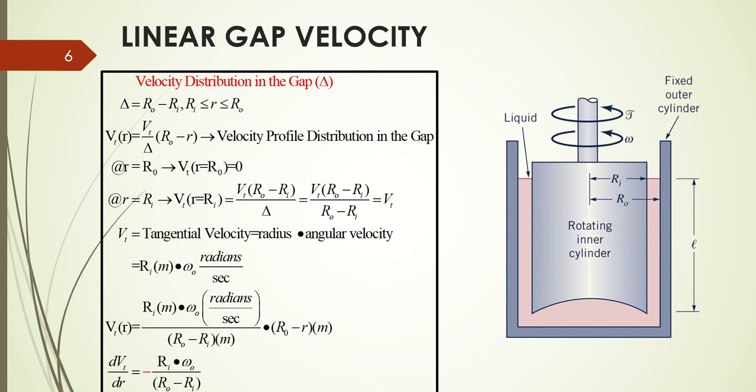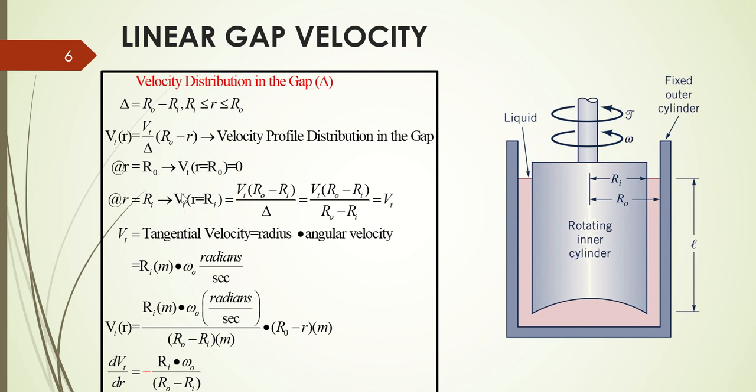So how do we get that? Well, if we look at this picture here, we know that at R equal to R0, the value of my velocity is 0 because it's a fixed boundary. We know that at R equal to R sub I, V has to be equal to my tangential velocity.